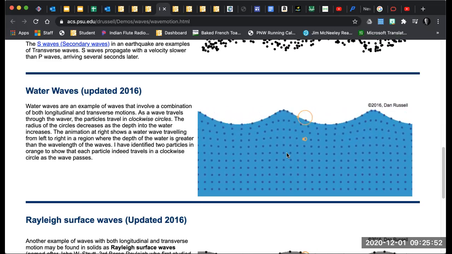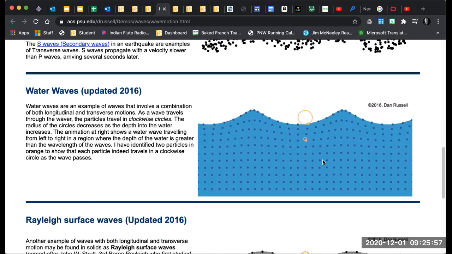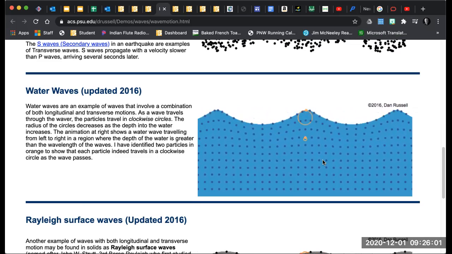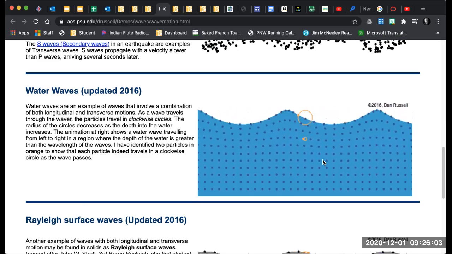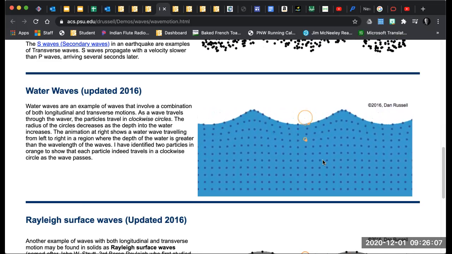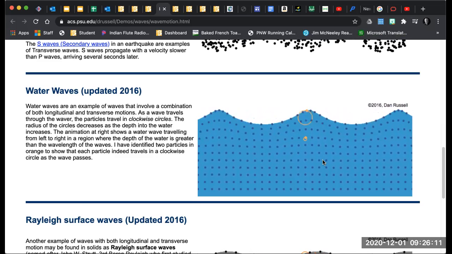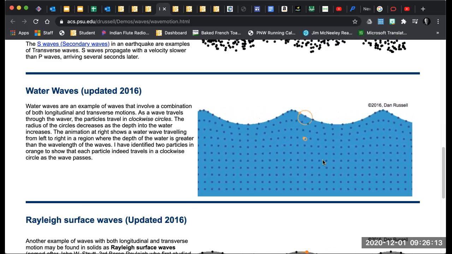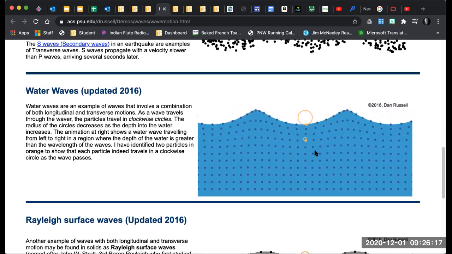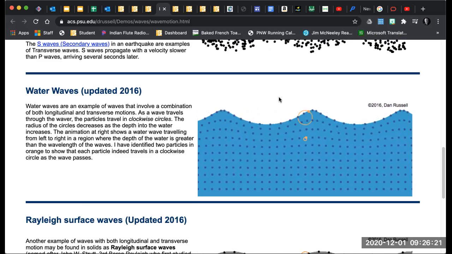And what that does is it gets the entire water column moving, and it can move very, very rapidly, up to and over 500 miles an hour. When tsunami waves impact the coast, they rise in height and then provide a large flood of water that can often extend far inland, depending on the elevation.